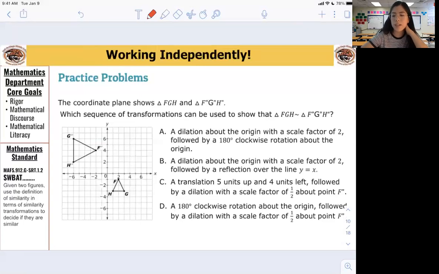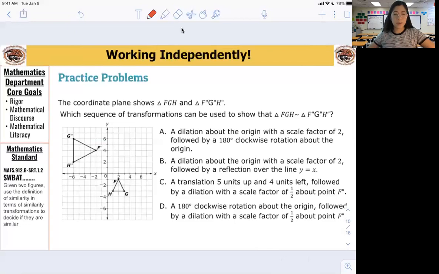All right, 10, 9, 8, 7, 6, 5, 4, 3, 2, and 1. So 5 people voted, few of you did not. So that already tells me that we're having trouble with it. But the winning answer was answer choice A. So let's take a look.